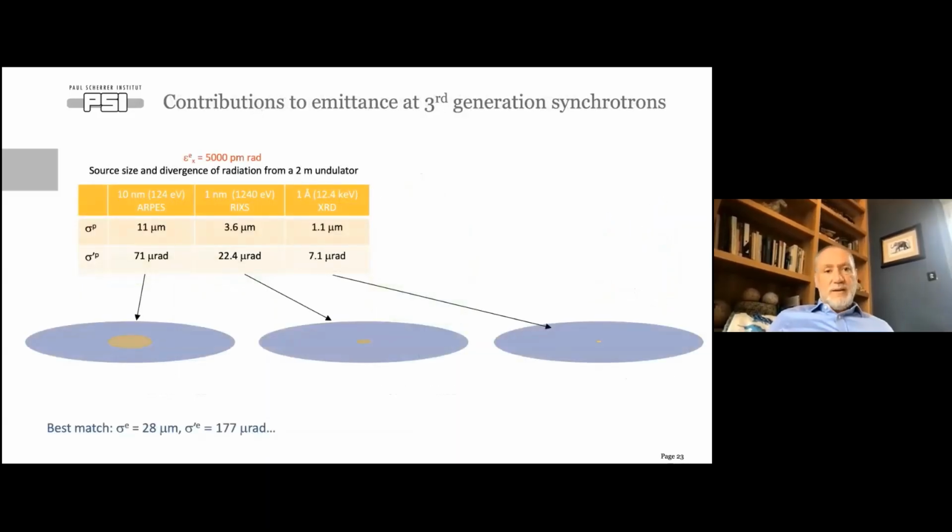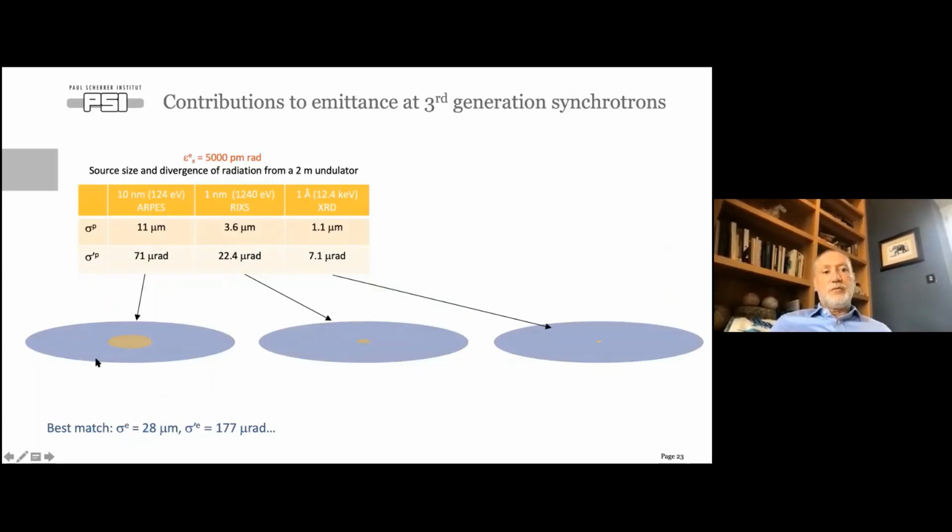Now, at third generation facilities, without going into all the numbers shown here, we see that even for soft X-ray radiation at around 100 electron volts, the photon emittance is pretty small compared to the electron emittance. And at higher photon energies, lower wavelengths, it becomes even smaller and smaller.